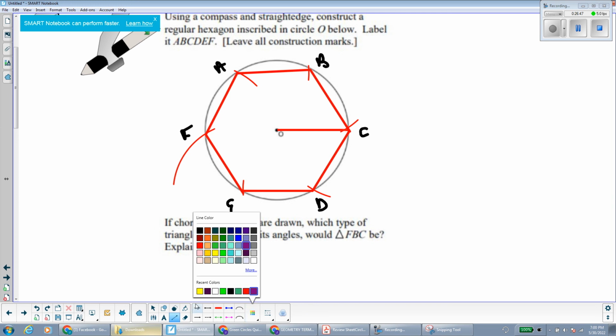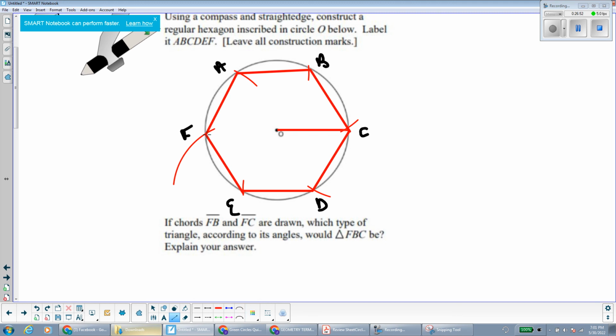Let me get another color for my line. So chords FB. So here's F and here's B. And FC are drawn. So here's F. Now I drew that line really poorly. Let me get my line back.